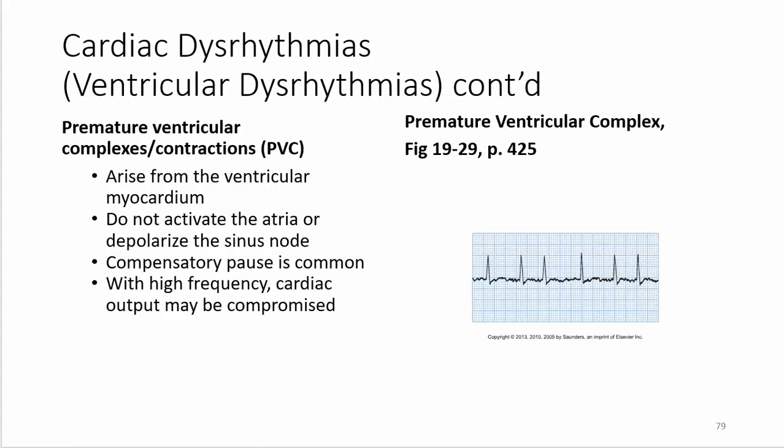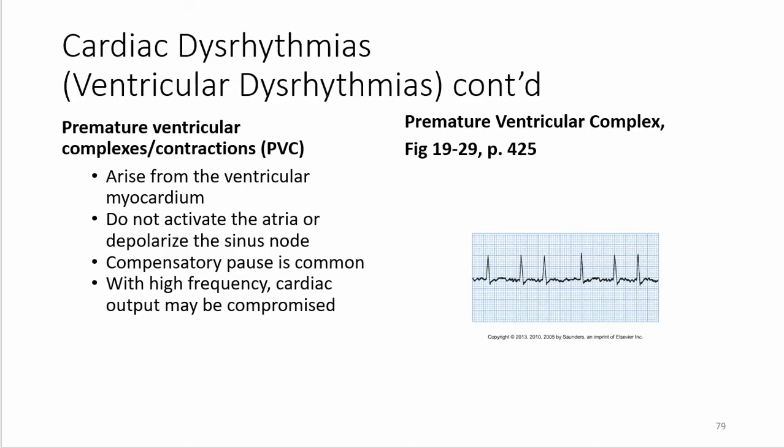Okay, so the ventricular dysrhythmias really will start out with premature ventricular complexes. So this is contraction, systole of the ventricles before it's supposed to happen. And this is arising from the myocardium itself rather than from the AV node or the SA node.